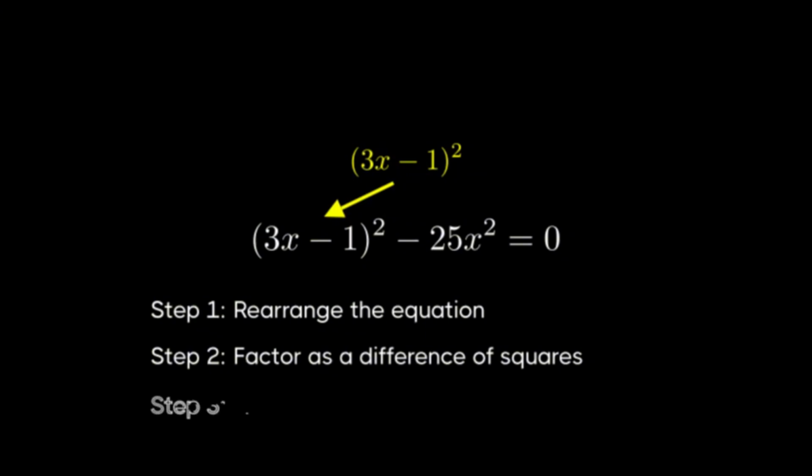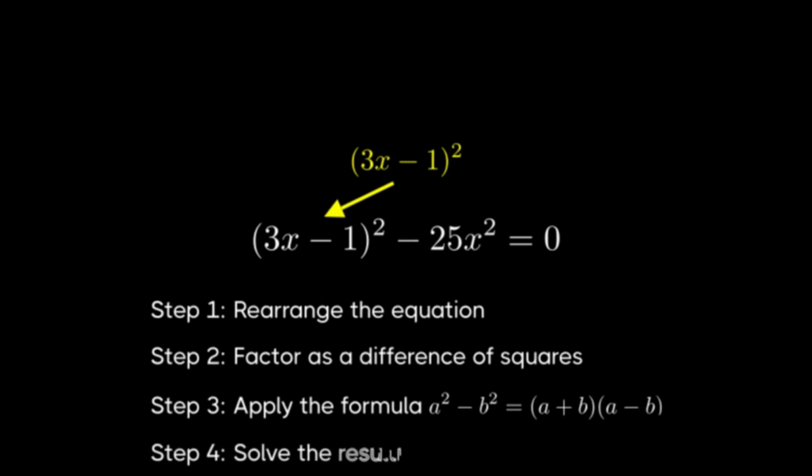Step 3. We'll use the formula that a² - b² = (a + b)(a - b). This is a fundamental algebraic identity. Step 4. Once we have the factored form, we can set each factor equal to 0 and solve for x.